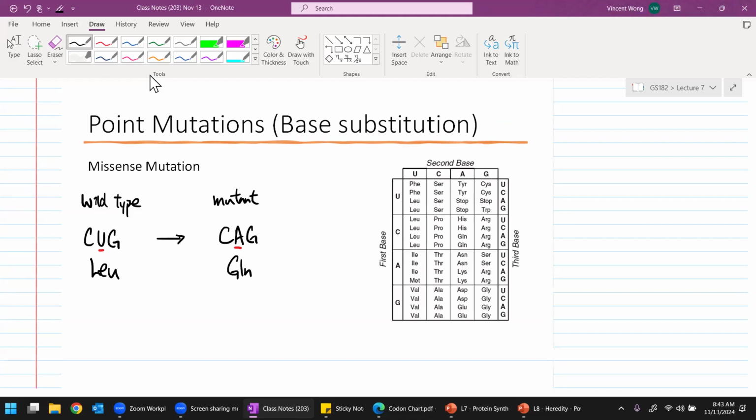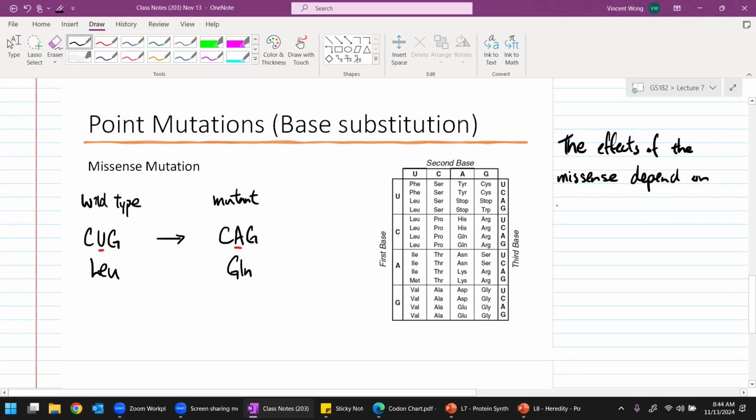So the severity, or we can say the effects, of the missense mutation depend on where it happens and in what protein it happens.